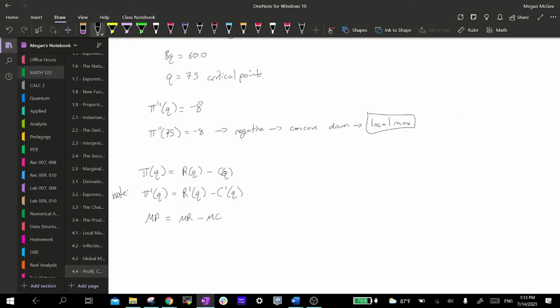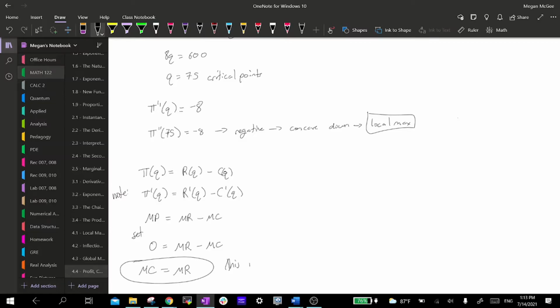Well, when we're trying to find a max or min, we set the derivative equal to 0. So if we set our marginal profit equal to 0, we have marginal revenue minus marginal cost. And if we move marginal cost to the left, we get marginal cost equals marginal revenue.